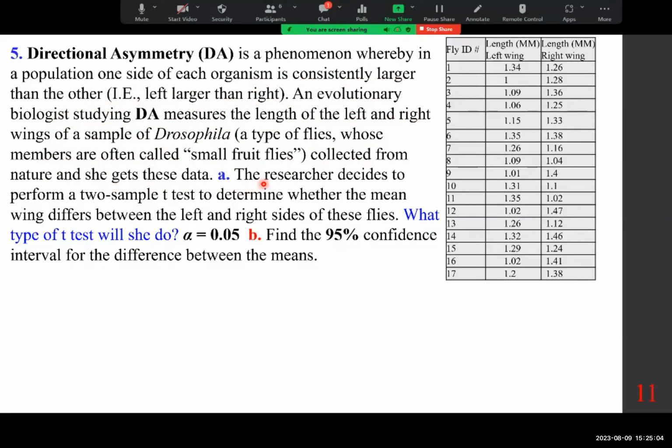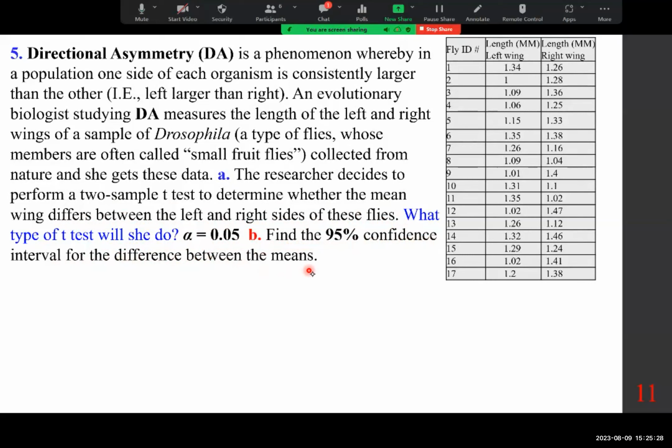A, the researcher decides to perform a two-sample t-test to determine whether the mean wing length differs between the left and right sides of these flies. What type of t-test will she do? Alpha equals 0.05. B, find the 95% confidence interval for the difference between the means.